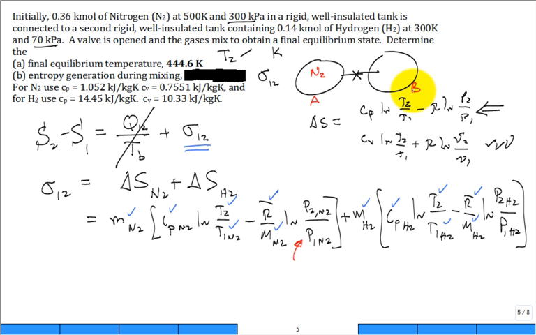So the partial pressure is equal to the total pressure initially in side A of the tank. So this pressure right here, P1 of the nitrogen, is 300 kPa. All right, with that, what is P1 of the hydrogen? 70. All right, we've got two of those that are hard.